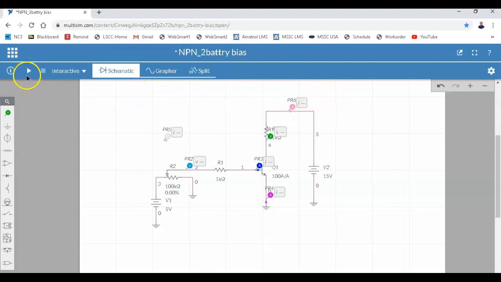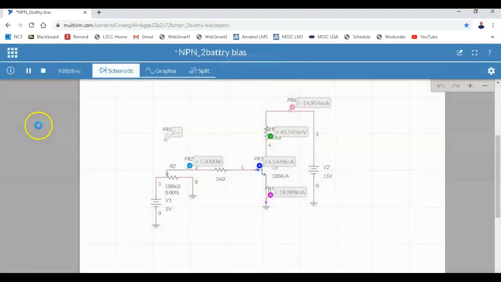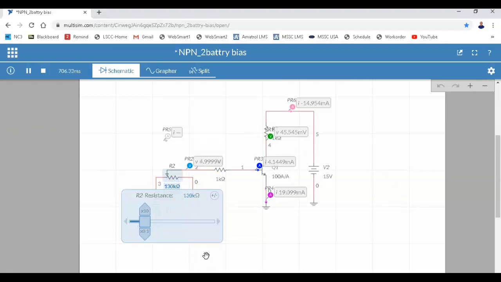And then once you get it, you can come up here and start your simulation. Let's see if this works. So what I'm doing is sliding the potentiometer, and you can see my voltage is changing.